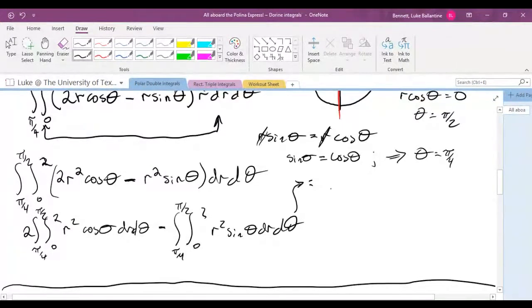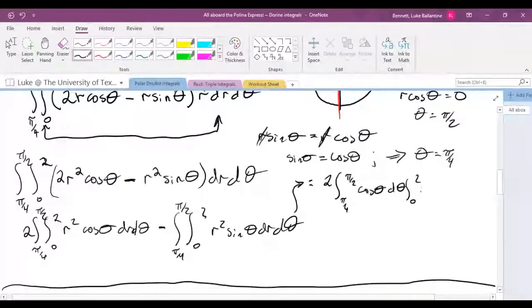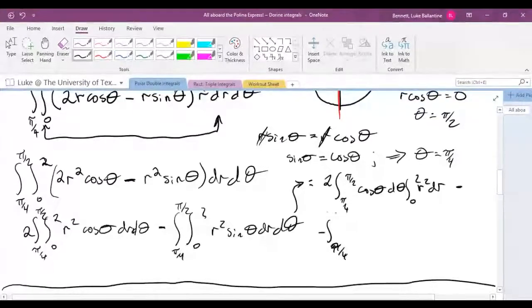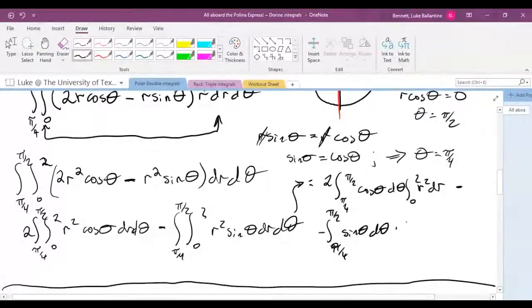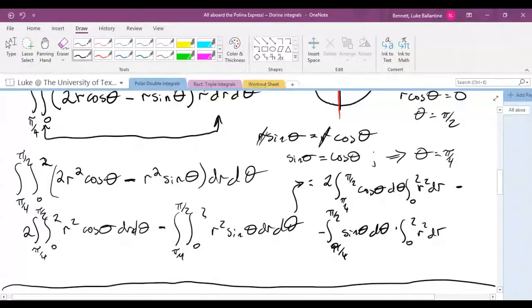This is equal to 2 times the integral from pi over 4 to pi over 2 of cosine theta d theta, times the integral from 0 to 2 of r squared dr, minus the integral from pi over 4 to pi over 2 of sine theta d theta, times the integral from 0 to 2 of r squared dr.